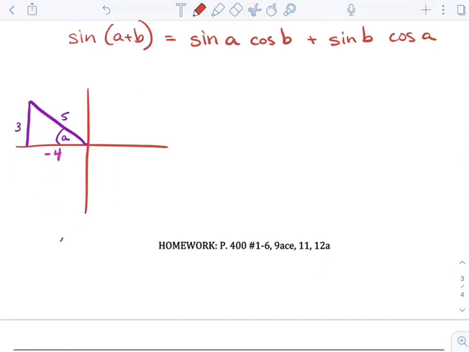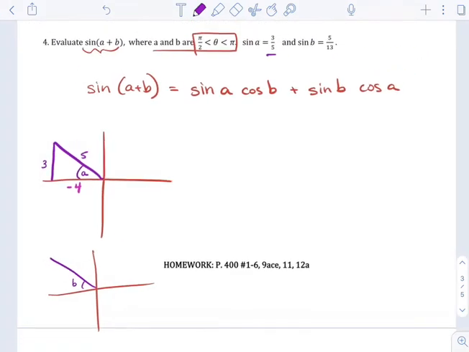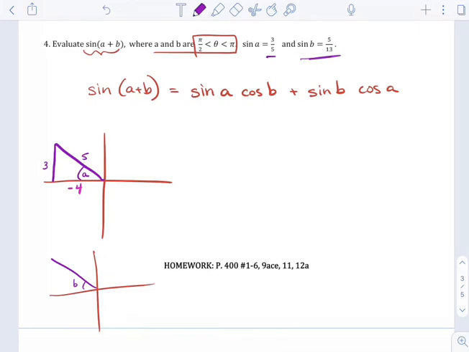So I'm going to do the same thing with angle B. Maybe I'll do it below to save myself a little bit of room here. Angle B is also in that quadrant. It says it's in quadrant 2. What do I know about angle B? Well, at the top it says sine is 5 over 13. So we have 5, the distance down. Hypotenuse is 13.